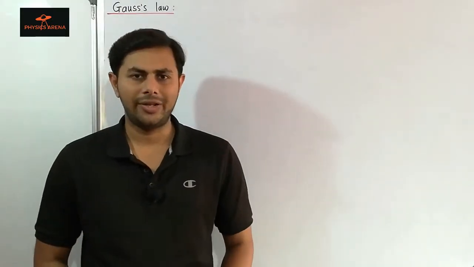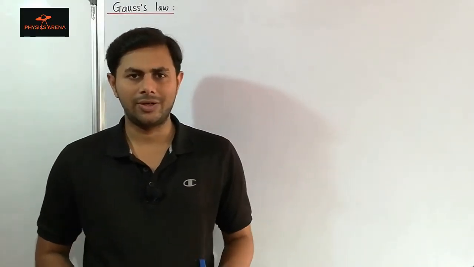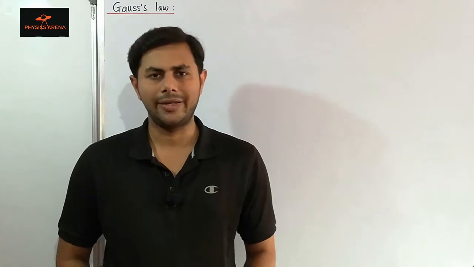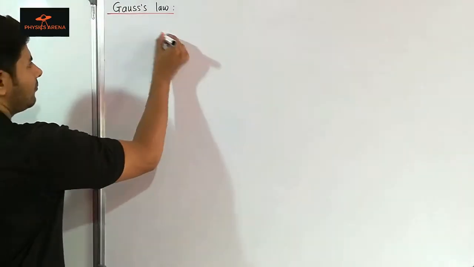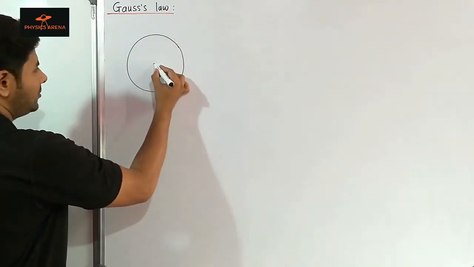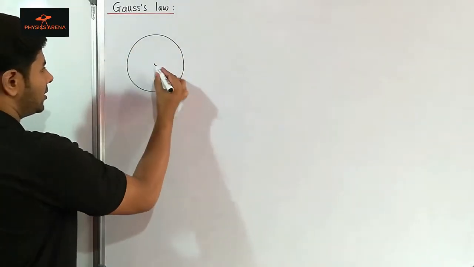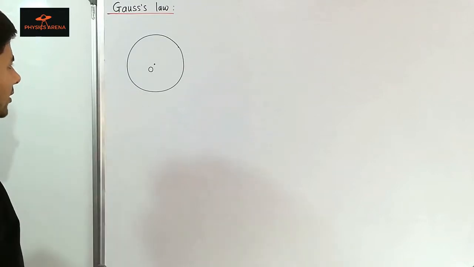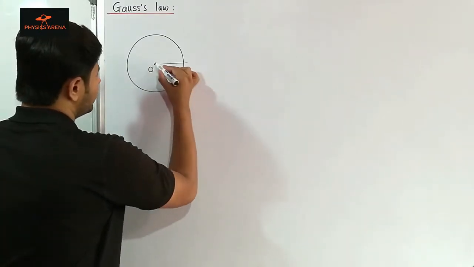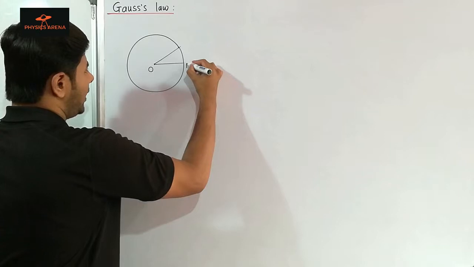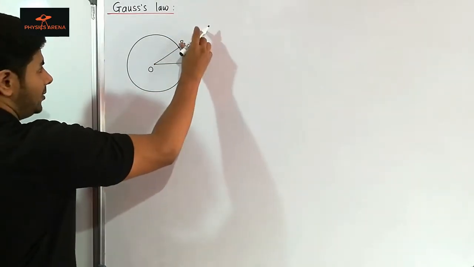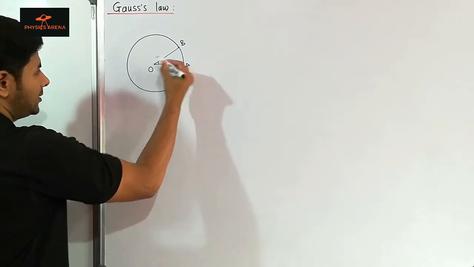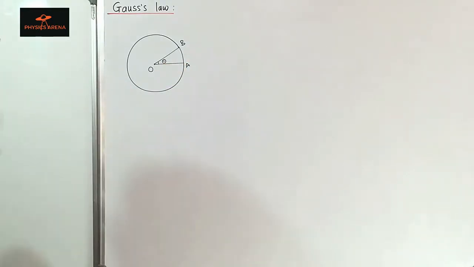Alright, now the next thing we need to know in order to understand Gauss law is solid angle. So let us recall the plane angle. Suppose this is a circle, this is the center of the circle, and let's consider this arc AB. The angle subtended by the arc AB at the center, let's say it is theta.